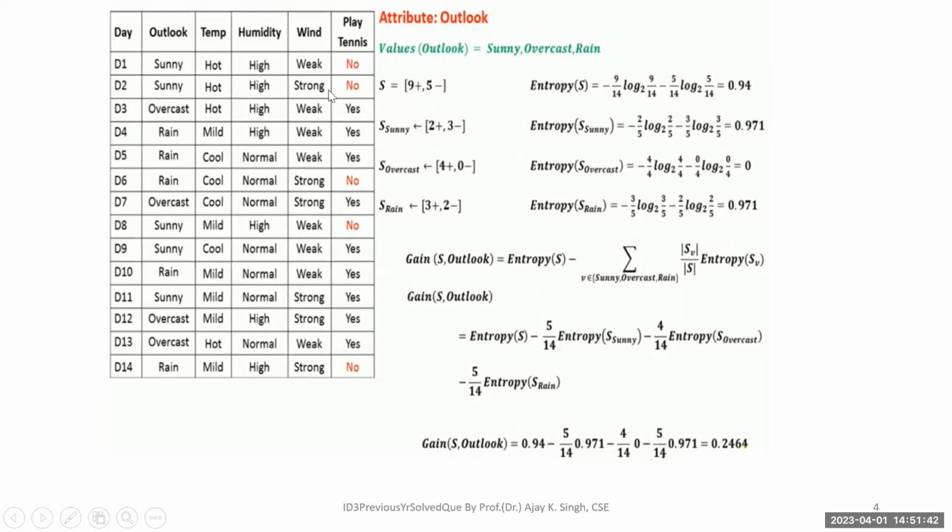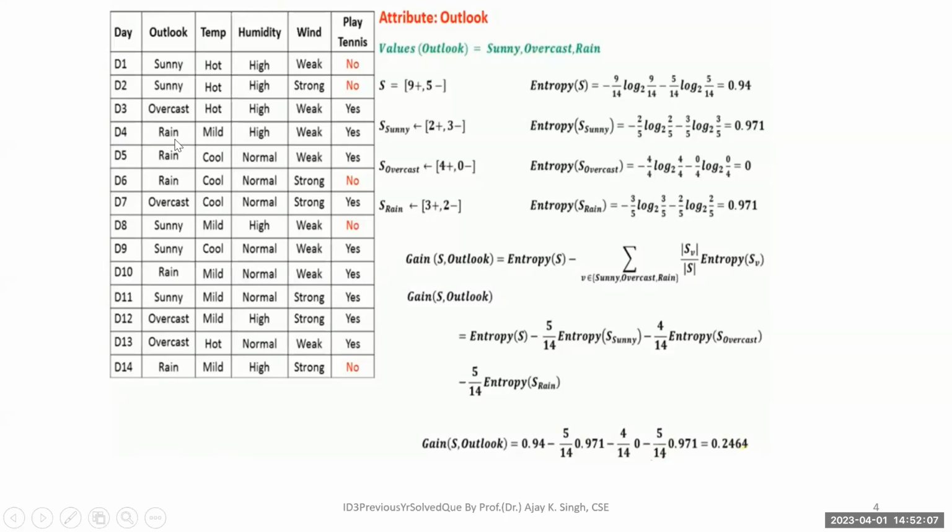Now, next we are going to calculate for sunny. We calculated the entropy of the entire system by using the output. Now we are going to calculate the entropy for outlook, then temperature, then humidity, one by one. First we are taking outlook right now.